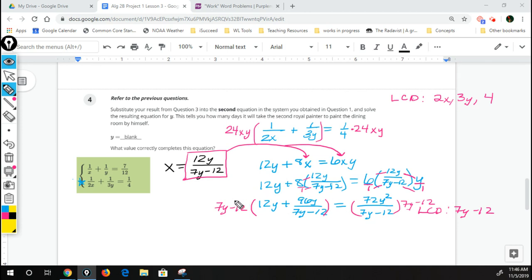Now, the only trick here is that please don't forget to distribute. So I still have that 12y that is multiplying with that LCD. But then the 7y minus 12, when I multiply it with this second term, we get canceling.